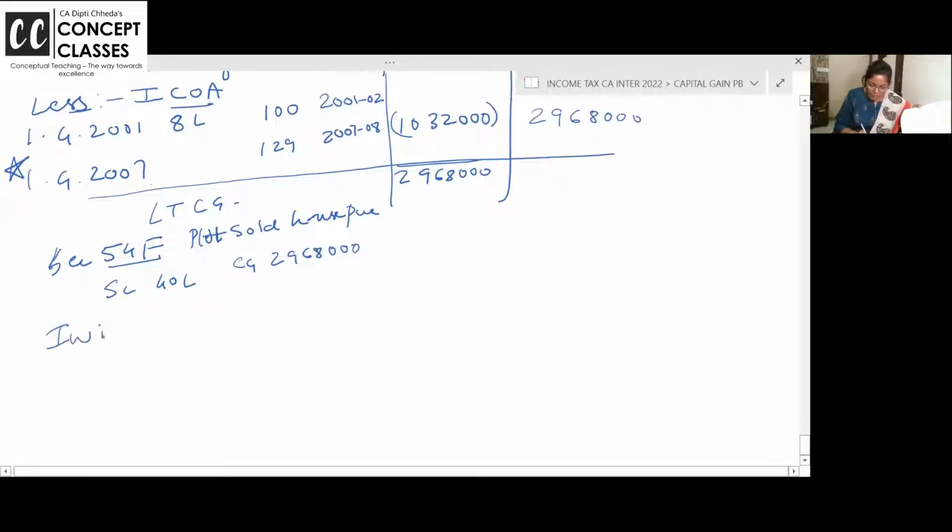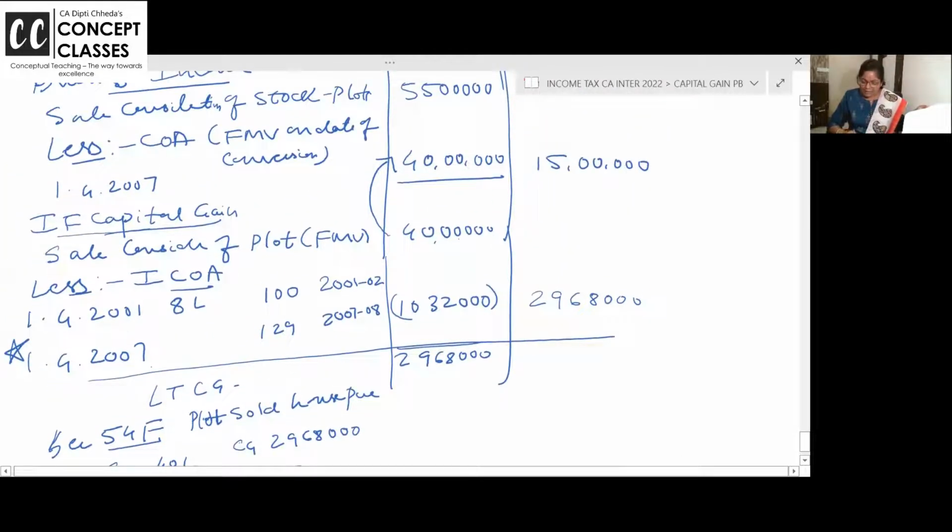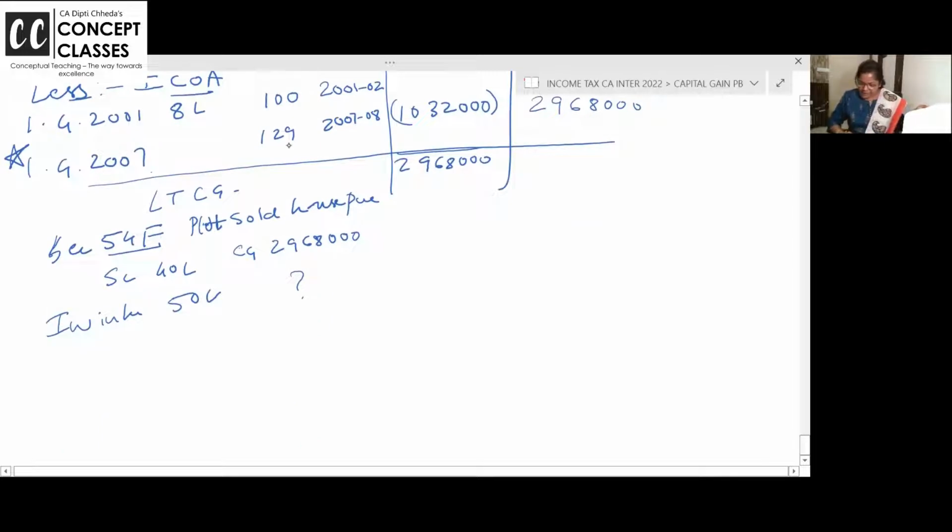How much have you invested in the new house? 50 lakhs. Oh, maths logic. If 40 gives this much, then what about 5 lakh? Cross multiply. But you have invested more than your sale consideration. By selling the plot, you got 40 lakhs and that 40 lakhs you have invested here.